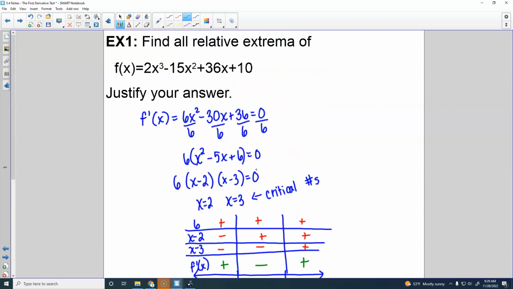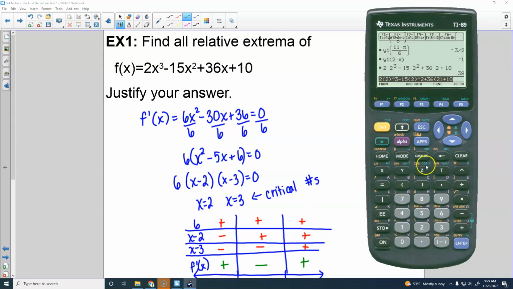And then if I plug in 3, 2 times 3 to the third, oh wait, that should be to the third, minus 15 times 3 to the second plus 36 times 3 plus 10.